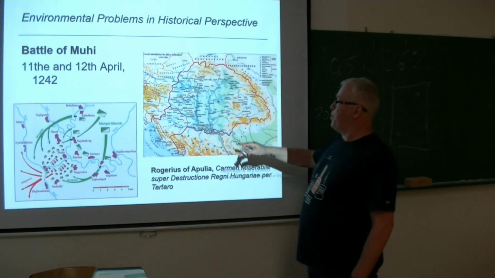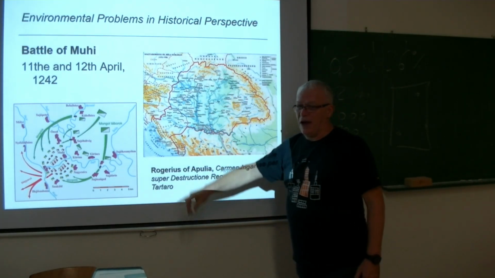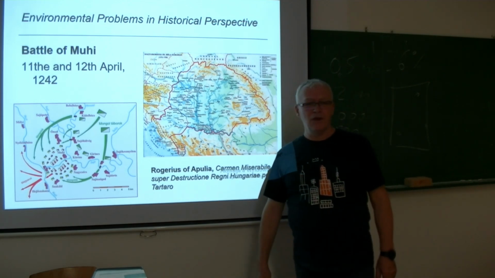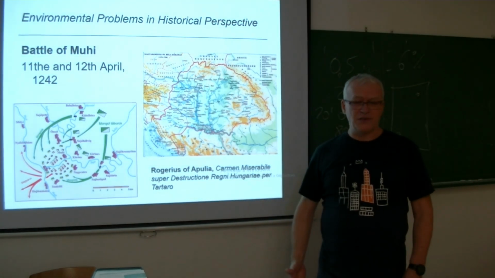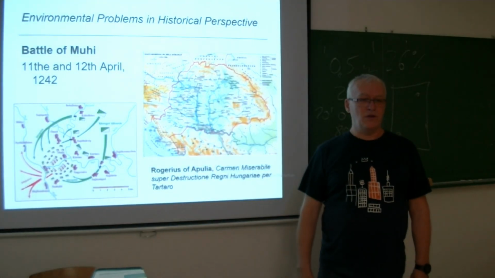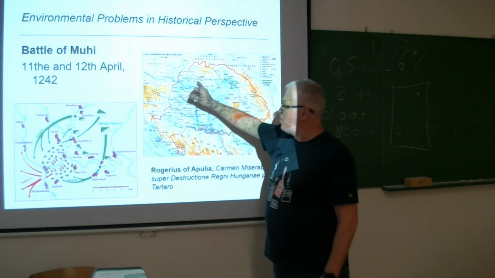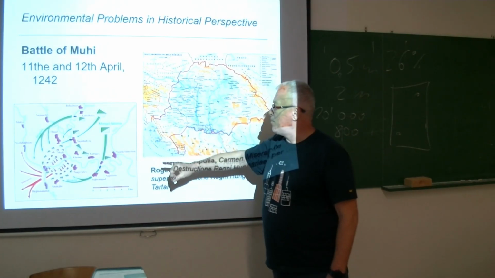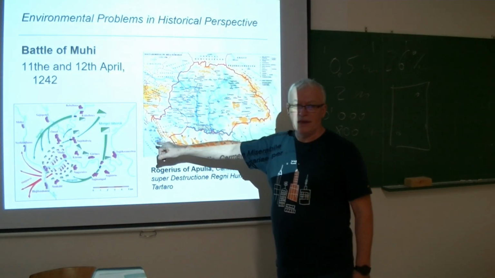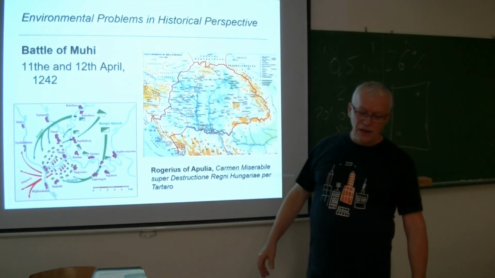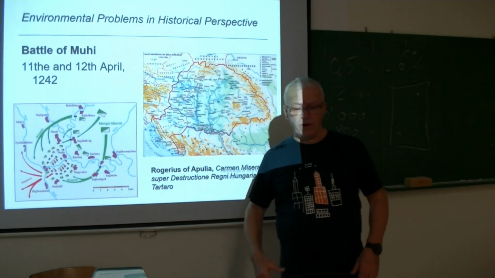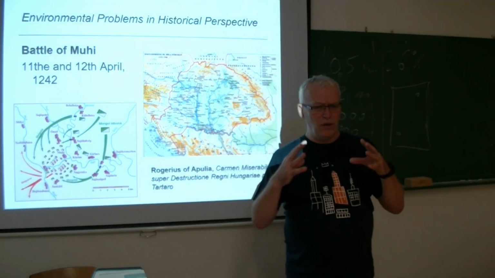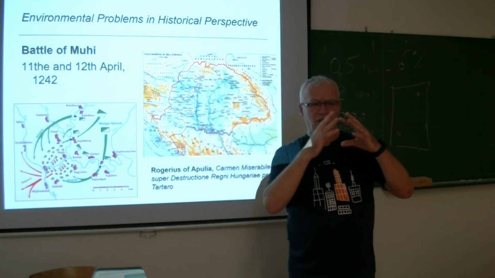A little bit the same happened in the plain area: half of the population was killed. One good piece of news from this disaster is that the Hungarian king survived the battle and escaped to the coastal area of the Adriatic Sea. Survived. Because a feudal state functioned like a Gothic cathedral.